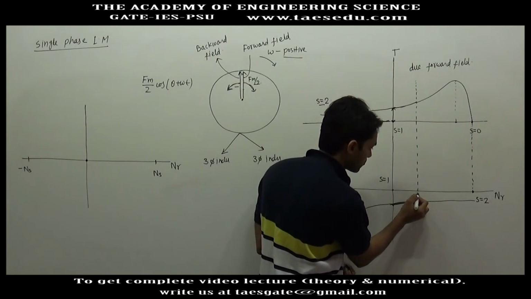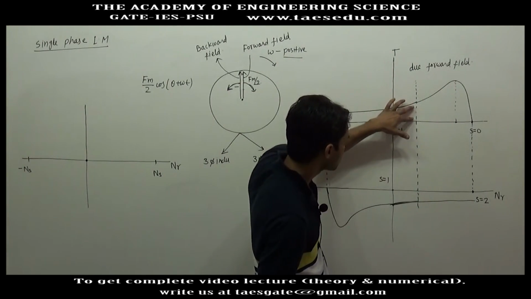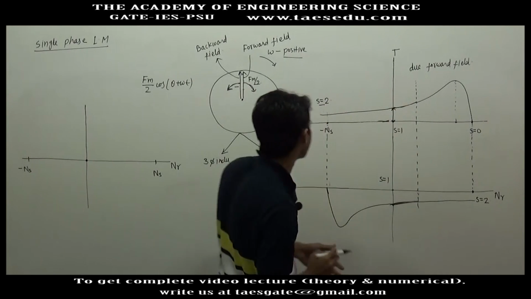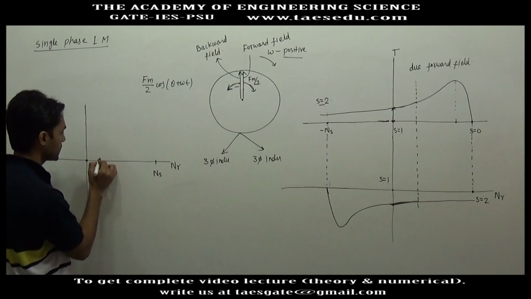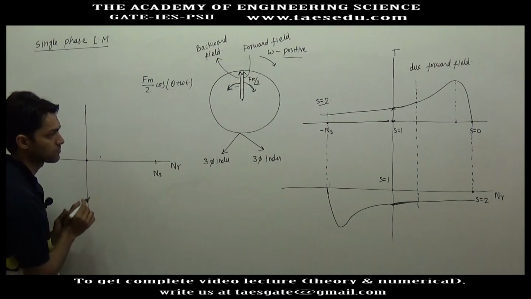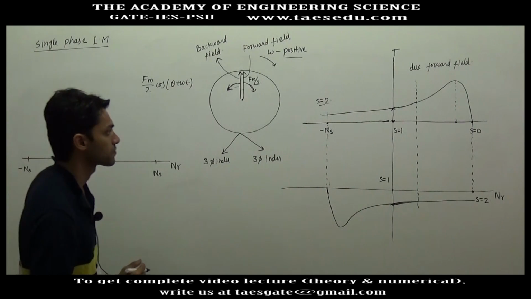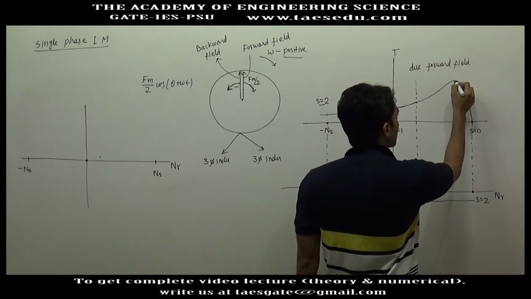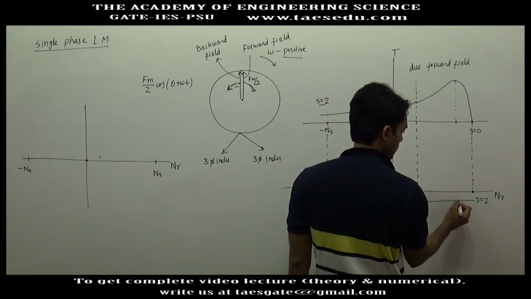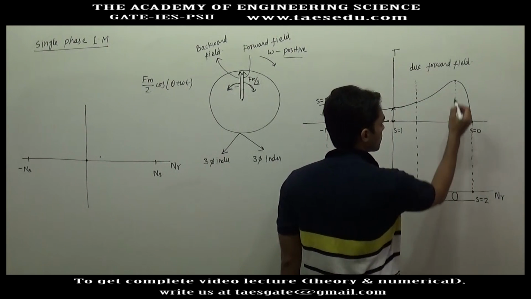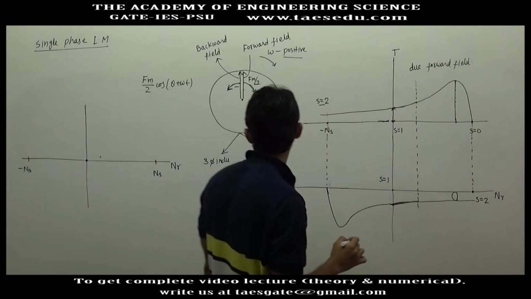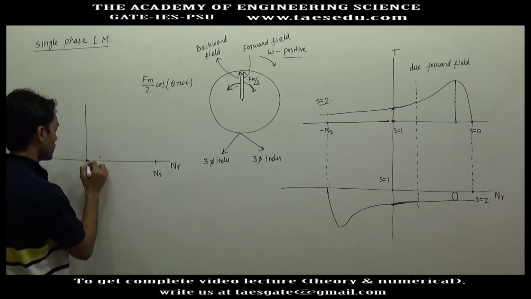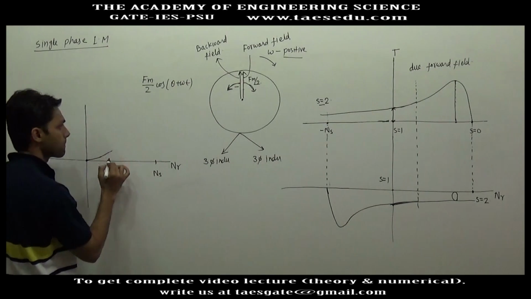So if at this point you take this minus this, you will get a positive torque. Here you will get a positive torque. Here you have maximum positive torque, and here some amount will be subtracted from this maximum torque. So you will get this type of curve.